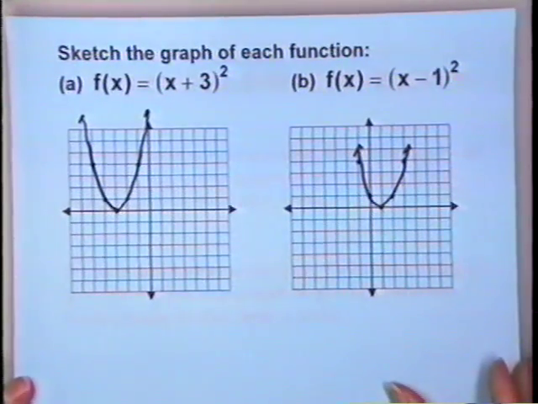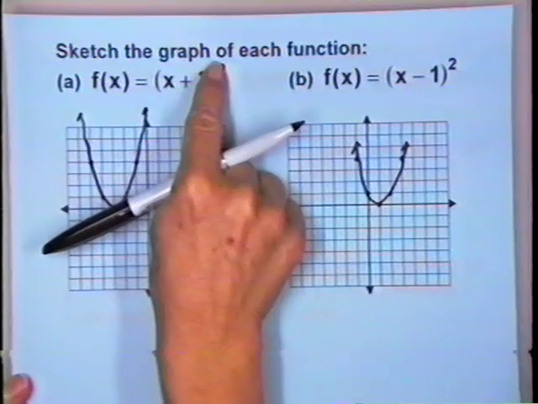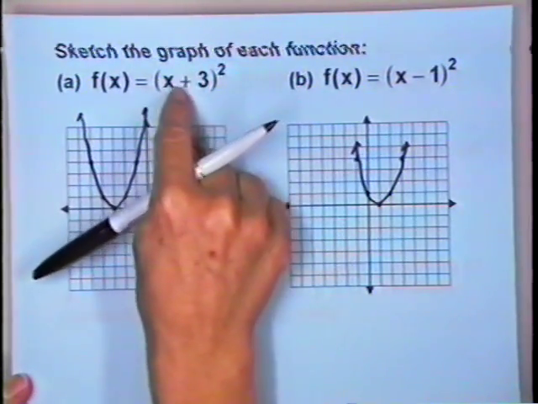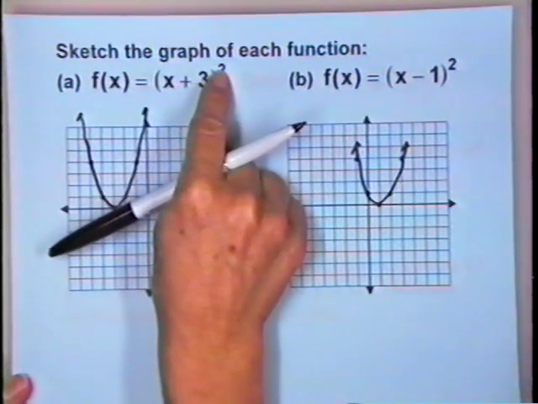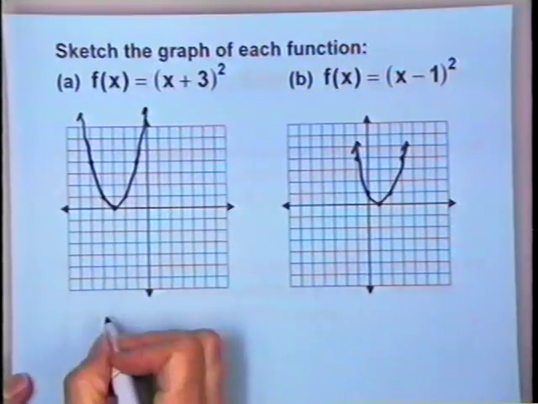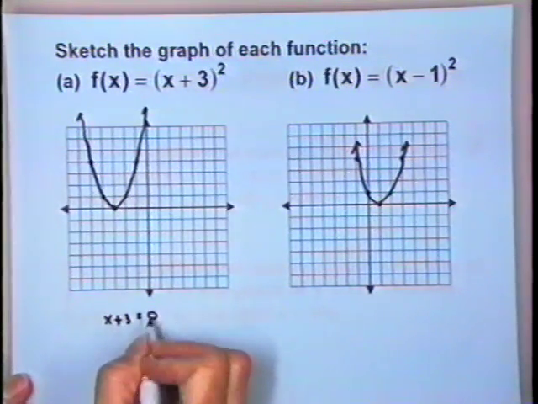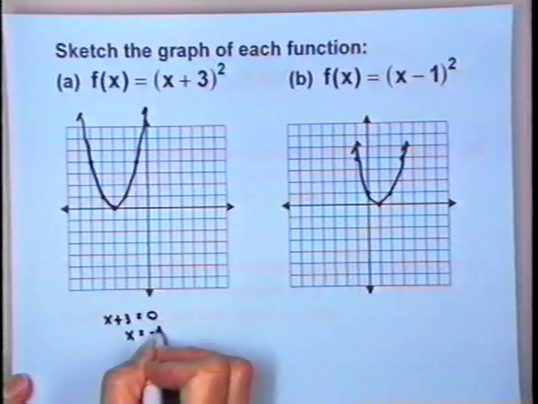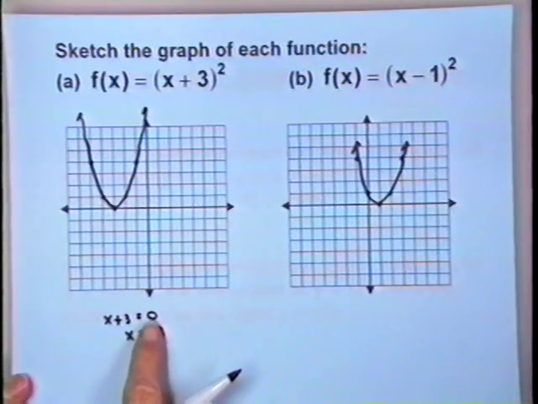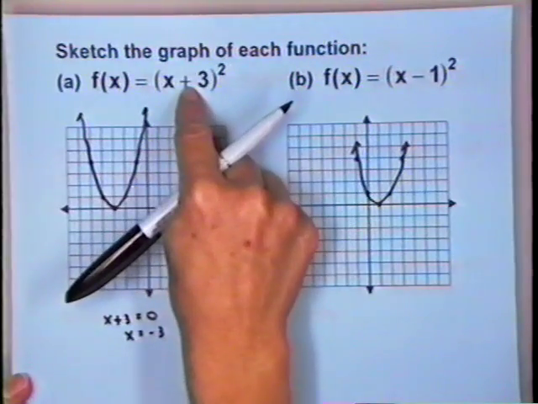Now, here's what I like to do sometimes to help me with this. If I have a quantity like this with something happening to it, in other words, something is occurring to x before I do whatever the function tells me to do, what I can do is I can say x plus 3 equals 0, x equals negative 3. This tells me that what used to happen at 0 is now occurring at x equals negative 3 because negative 3 makes this value become 0.